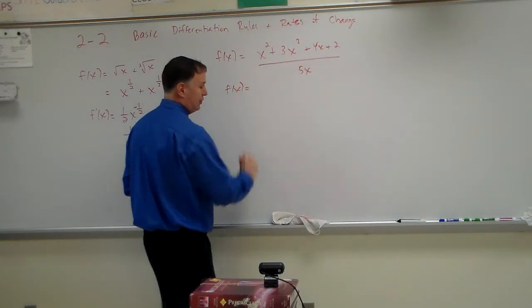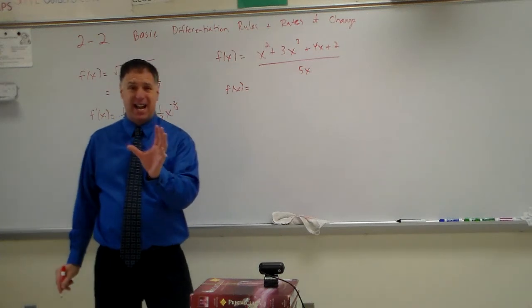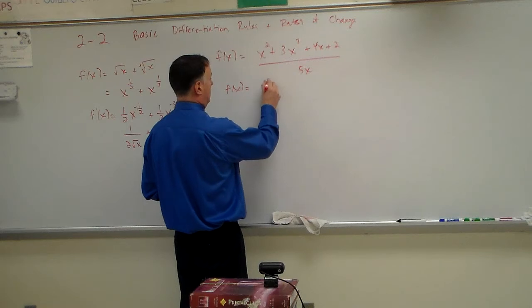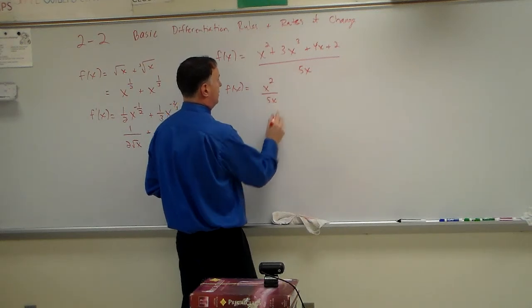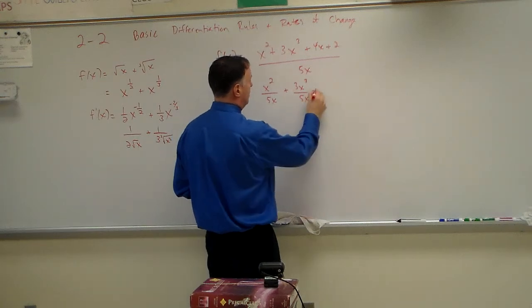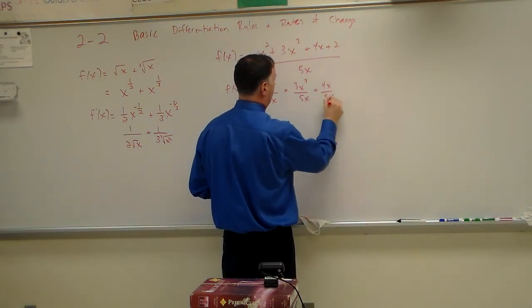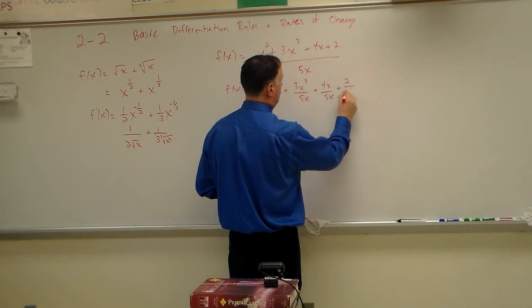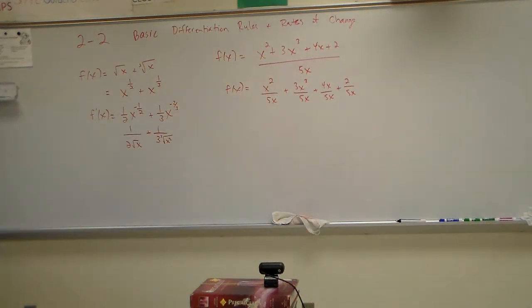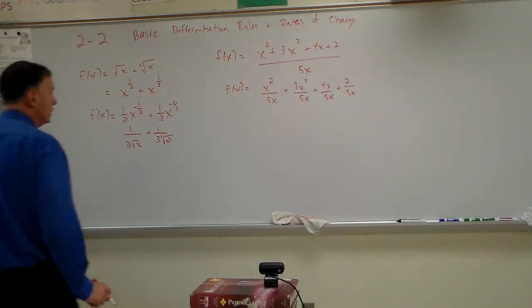Because I can't do fractions, I have to take this and separate. x squared over 5x plus 3x cubed over 5x plus 4x over 5x plus 2 over 5x. And then I've got to rewrite these so we don't have fractions.